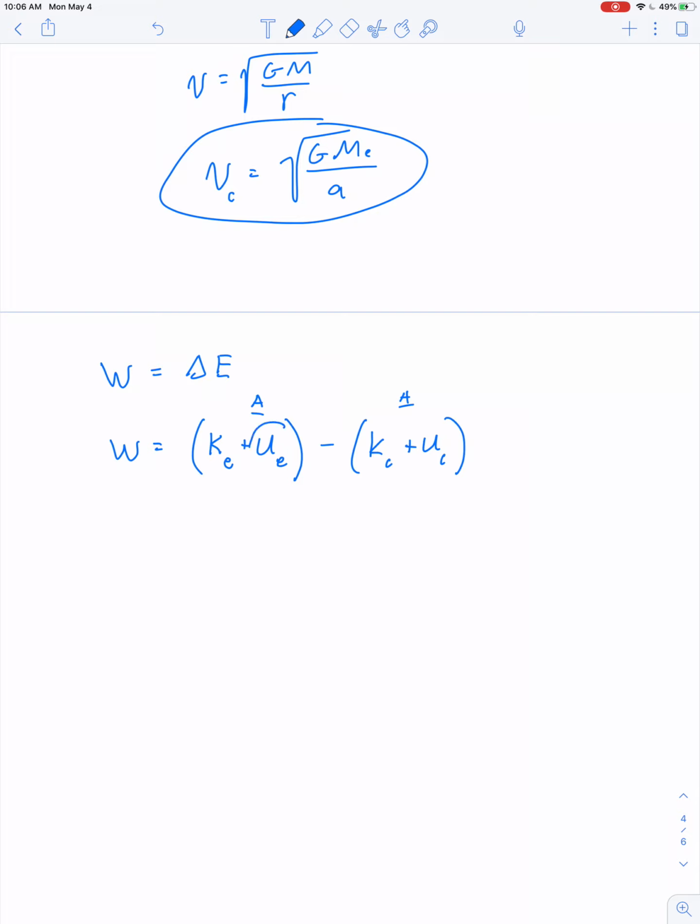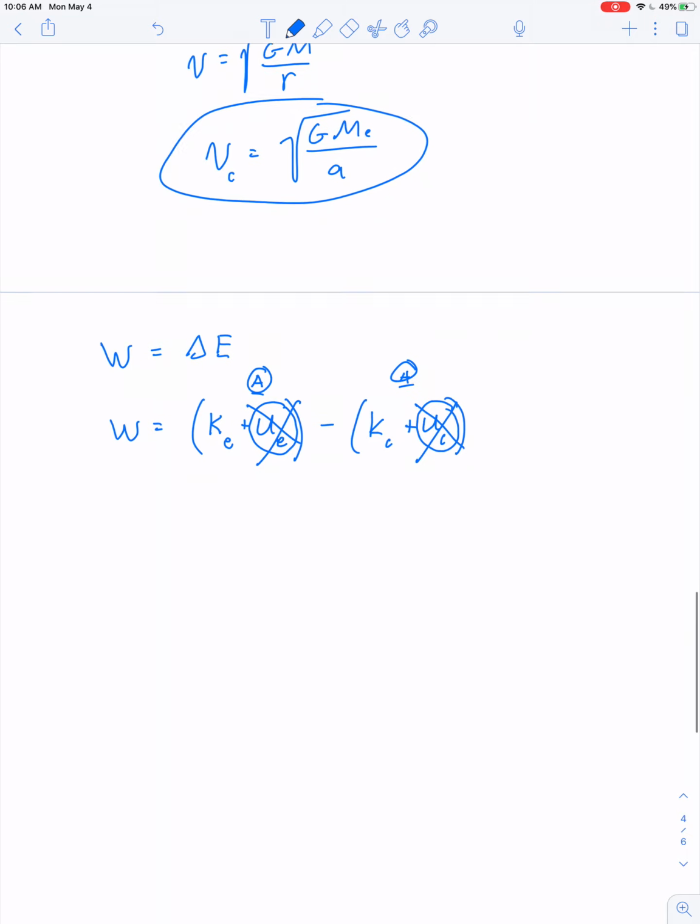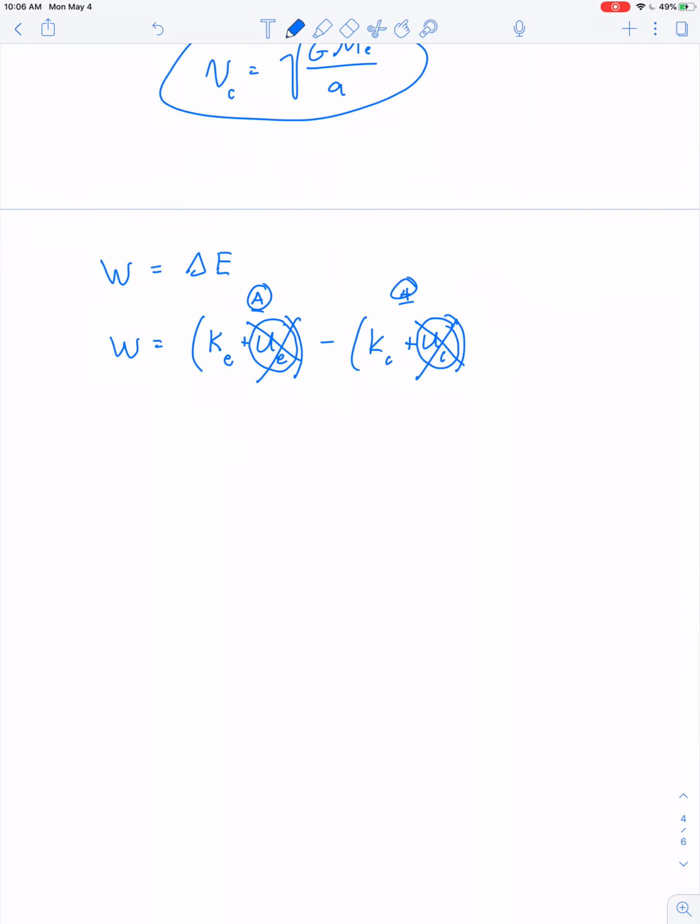So the potential energy at point A just before the rocket fires and the potential energy just after is the same because we're referring to position A, so that's going to cancel out. So we really just need to find the change in kinetic energy.